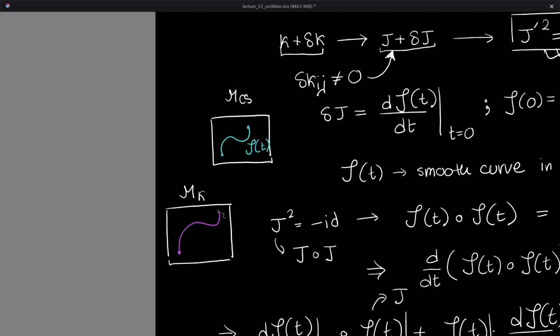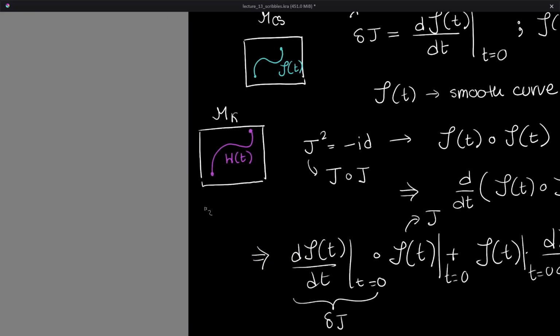So these are actually the space of Kähler classes. So we're going to call it W of t. And we can say that delta omega is equal to dW(t)/dt at t equals 0, where W(0) is equal to our current Kähler class, which is the cohomology class that contains the Kähler form.